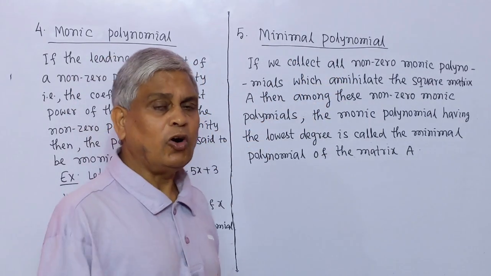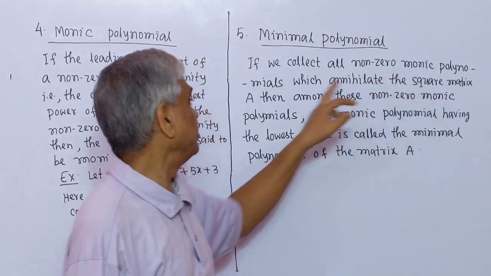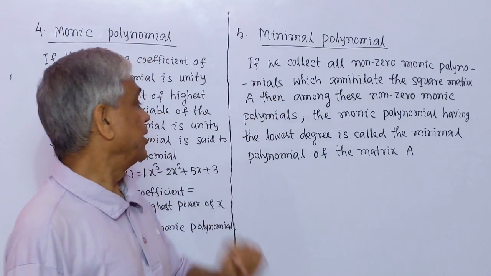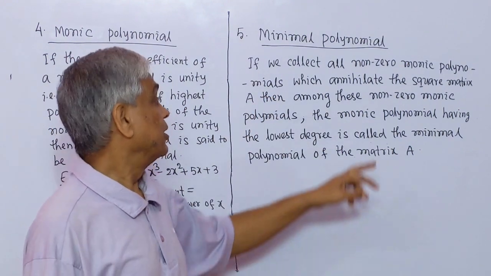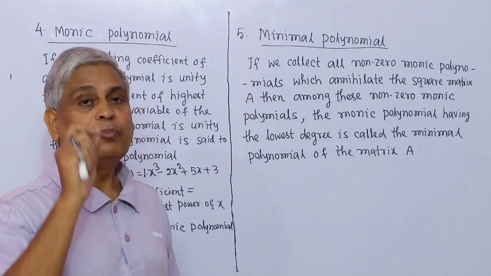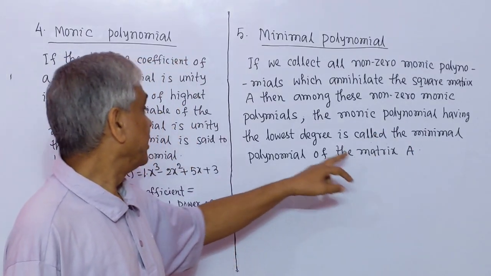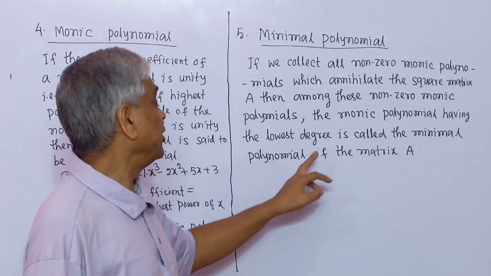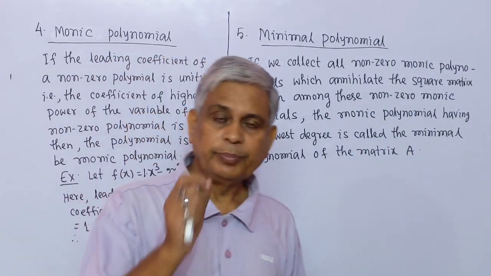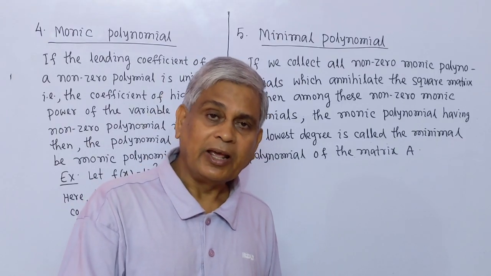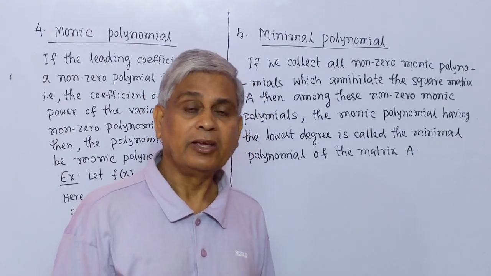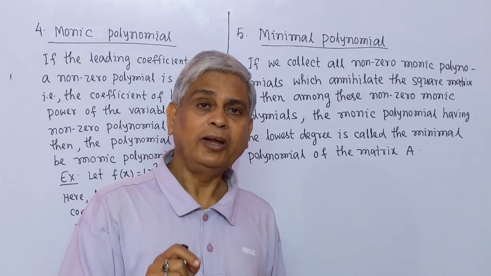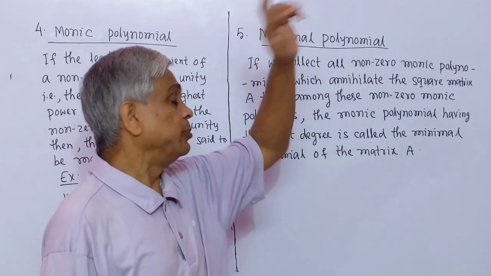If we collect all non-zero monic polynomials which annihilate the square matrix A, then among these non-zero monic polynomials, the monic polynomial having the lowest degree is called the minimal polynomial of the matrix A. Means a monic polynomial having the lowest degree which annihilates the matrix A is called the minimal polynomial.